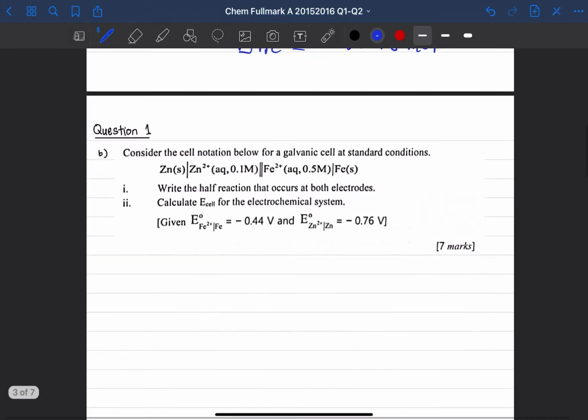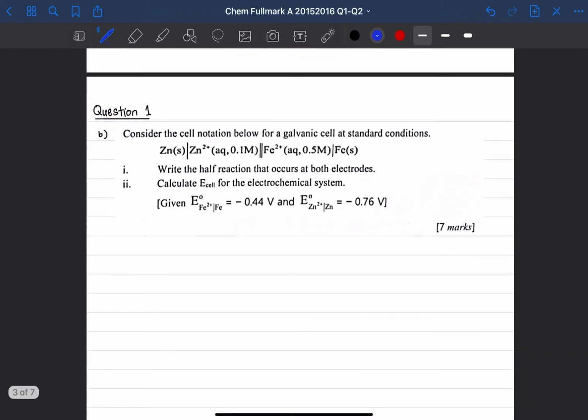Okay, next we move to question 1b. So let's read the question first. Consider the cell notation below for a galvanic cell at standard condition. So we have zinc solid, slash, zinc 2 plus aqueous 0.1 molar, double slash. I know you know this one. Double slash means the salt bridge.